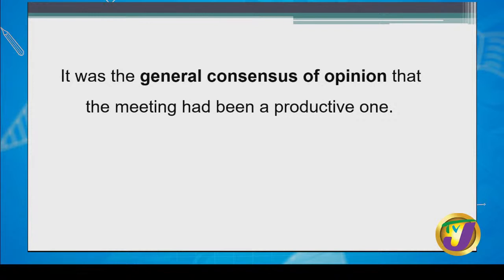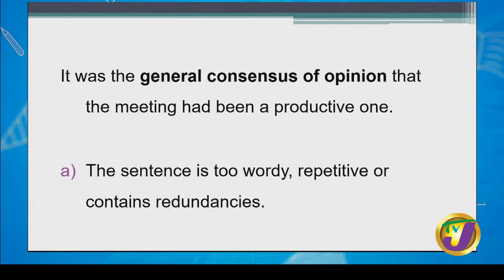So, general consensus of opinion. What is wrong with saying general consensus of opinion? There's something very wrong with saying that. And this is what it is. It is very redundant and a little wordy too. Once there is a consensus, you don't even have to say general consensus.